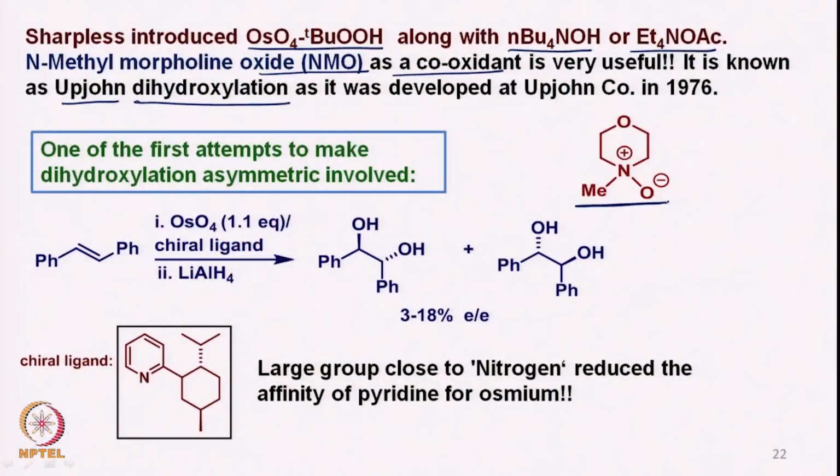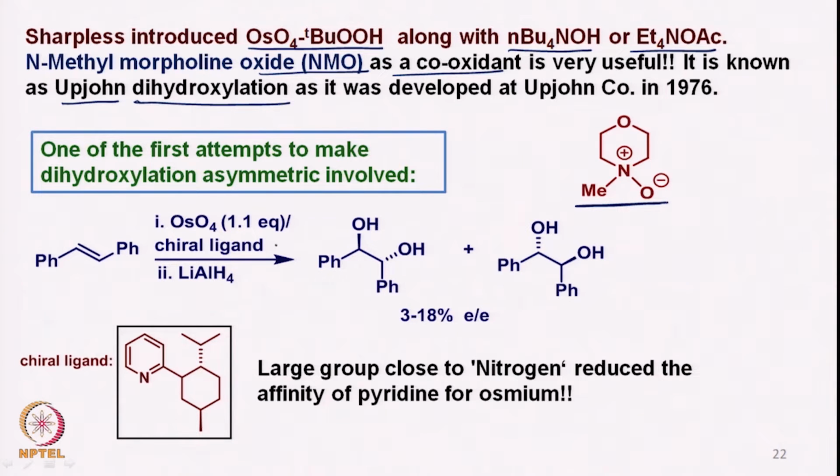We discussed earlier that there was a possibility of increasing the rate of reaction and the yield if a tertiary amine or a pyridine is added to the reaction mixture, and that allows the attachment of the tertiary amine or the pyridine to the osmium atom, and therefore the reaction rate increases.